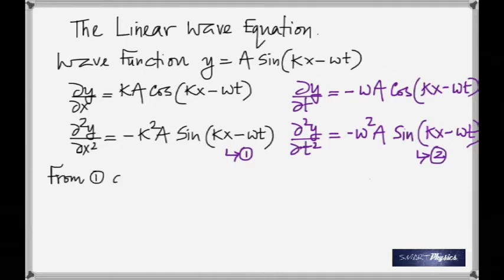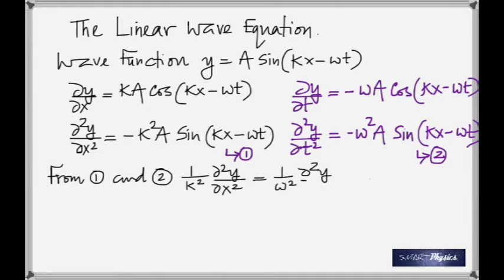Now, if you compare 1 and 2, you can see that 1 by k squared, dou squared y by dou x squared is equal to 1 by omega squared, dou squared y by dou t squared, because sine (kx minus omega t) and the A are common on both, so those will get cancelled.